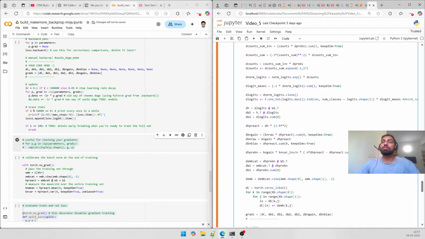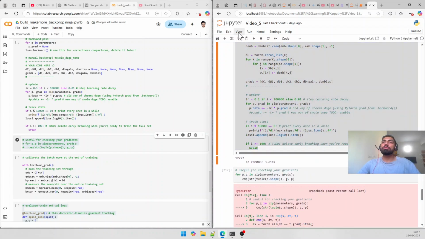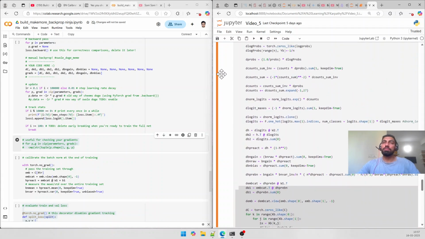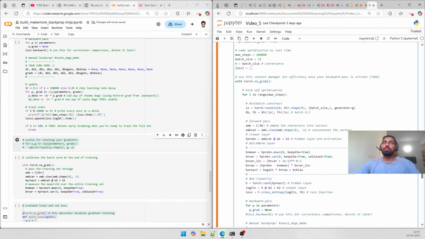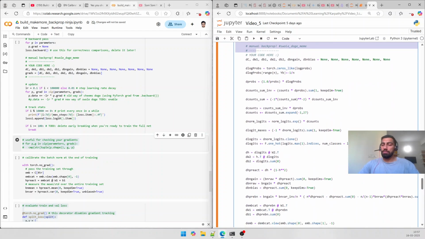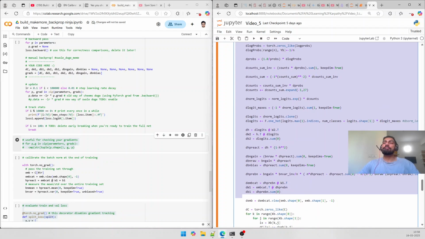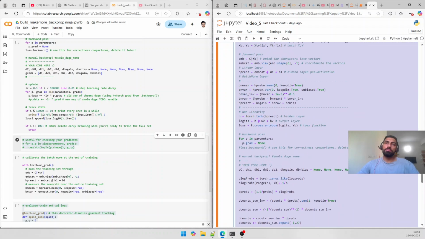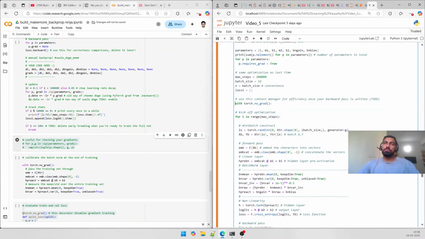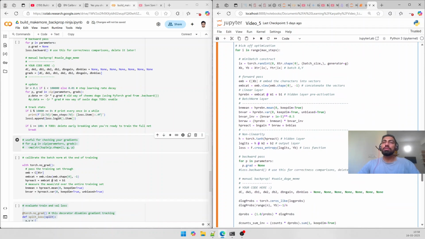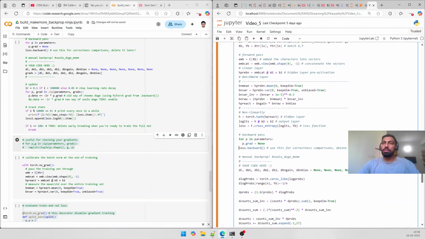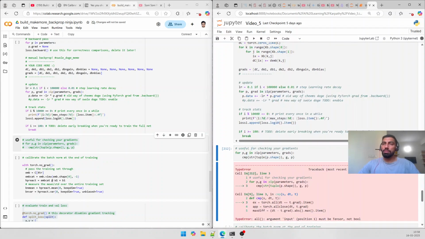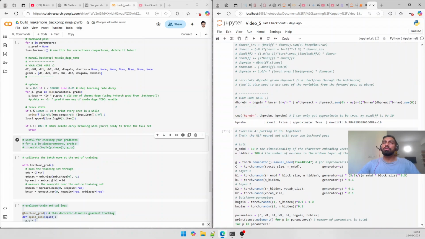Okay, wait a minute. So this whole thing again we need to enable, this is required, else how will we calculate that. So it ran.